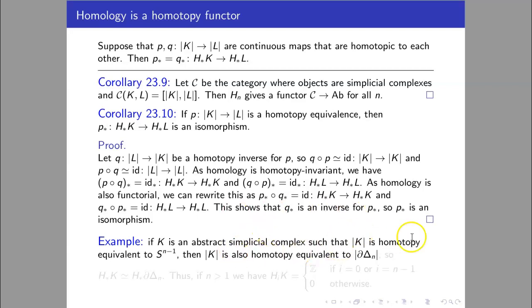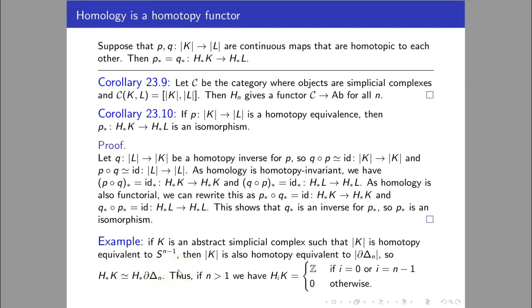But if the realization of K is homotopy equivalent to S^(n-1), well, that's also the same as the realization of the abstract boundary of abstract delta n, so that means that by this corollary here, the homology of K is isomorphic to the homology of the boundary of delta n.